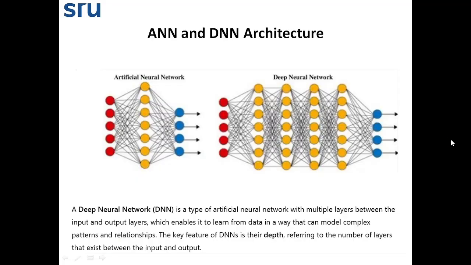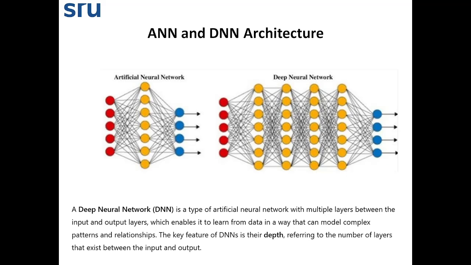Let us first see what is the difference between an artificial neural network and a deep neural network. When we consider the artificial neural network, this is a schematic diagram of it. It has three layers: input layer, hidden layer and output layer.